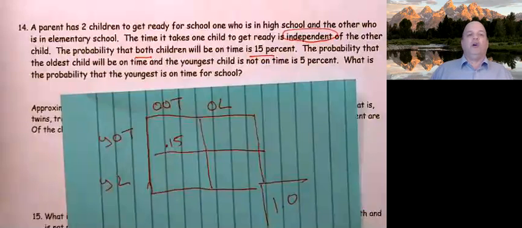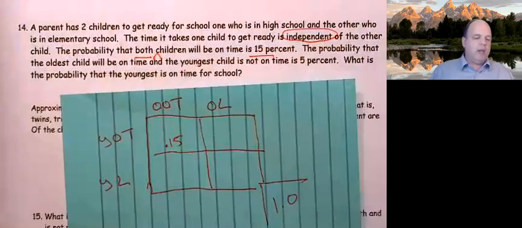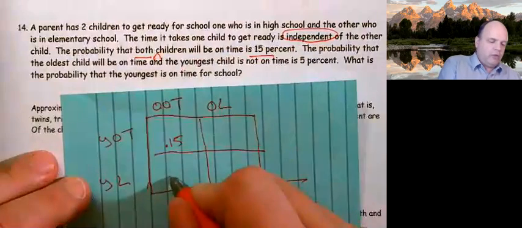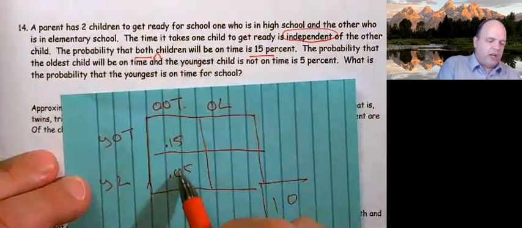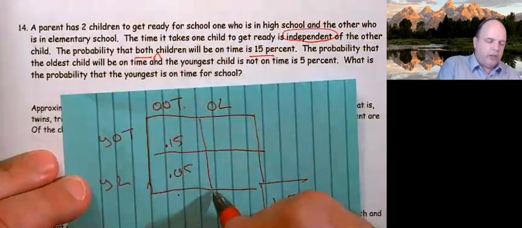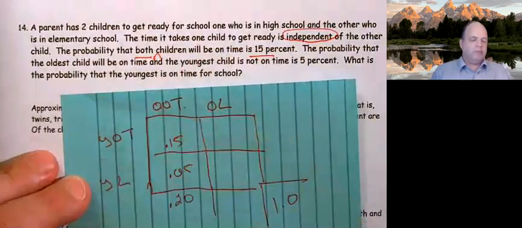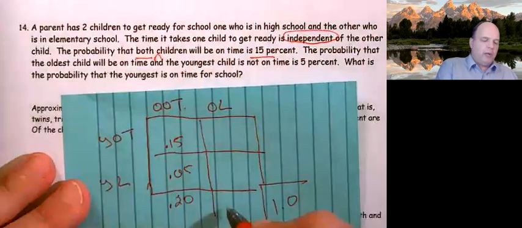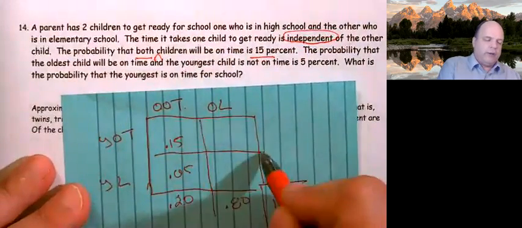The probability that the oldest child will be on time, and again, this is another intersection, and the youngest child is not on time is 5%. So this is 0.05, because the older child's on time, youngest child is late, 5%. So guess what? That means the older child is on time 20% of the time. This is 0.80, and I'm just filling that in because I now can. I don't know if I'll need it or not.